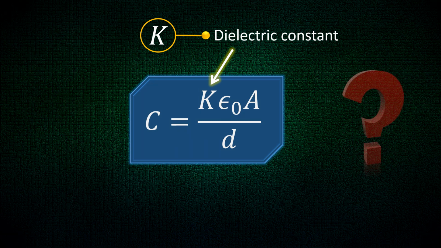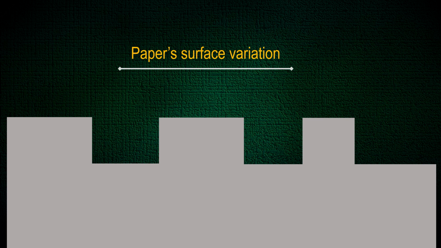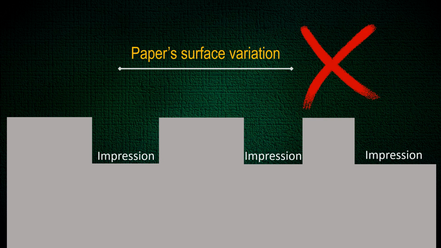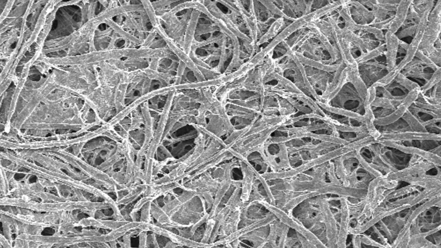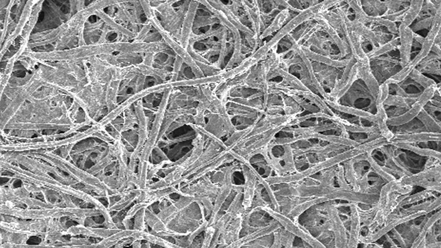And how can that happen? Look at this. It looks like this should be the cross section of the paper with the impressions, but actually it's not. If you look at the microscopic picture of a fresh paper surface, it looks like this. And you can easily figure out that even if there are no impressions, the surface is not perfectly smooth.